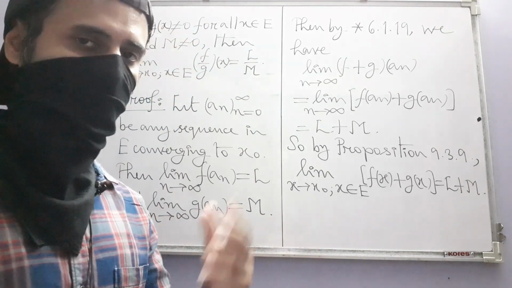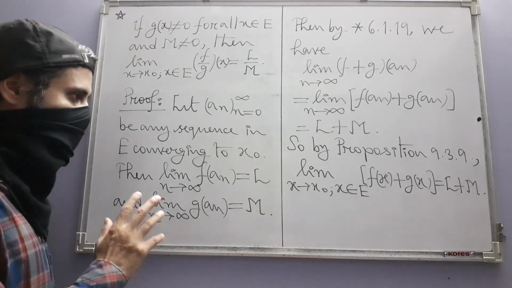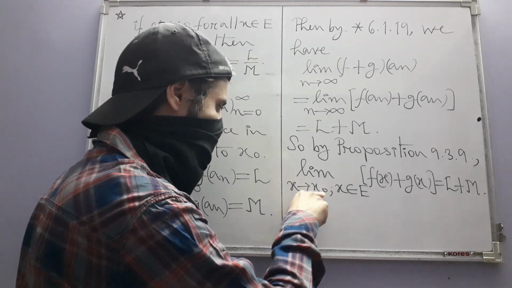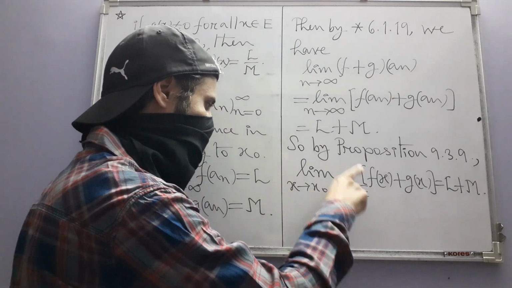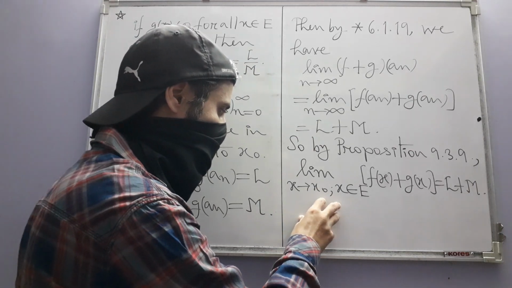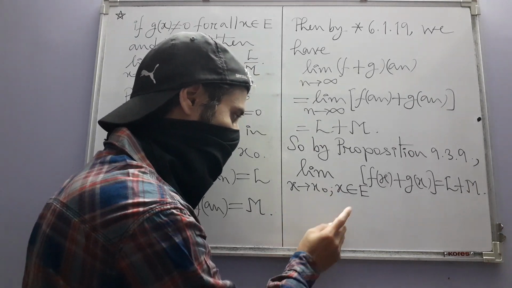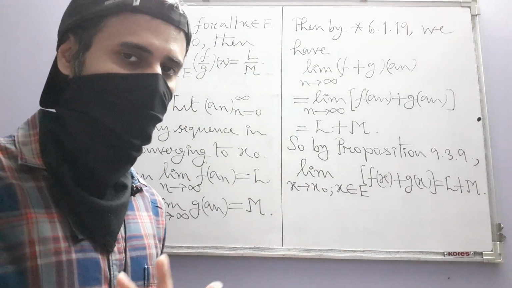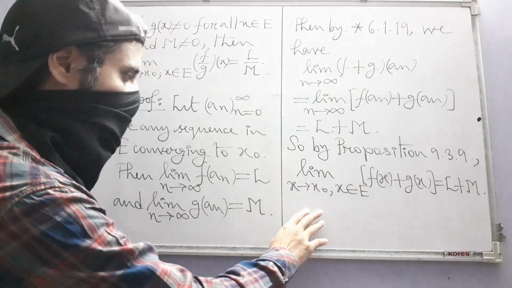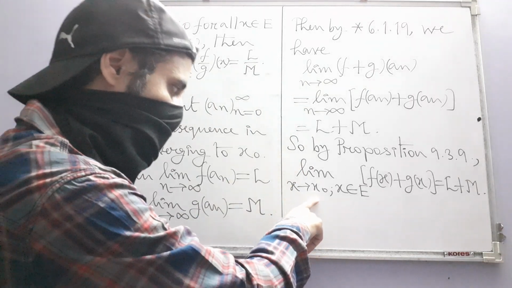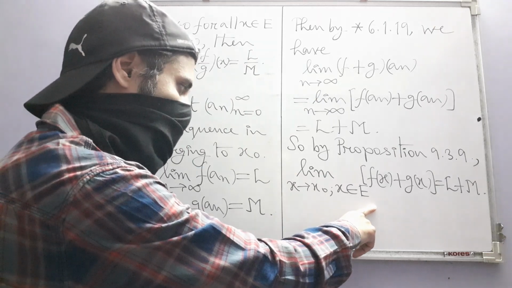In that proof you will see that since x naught is an adherent point of E, we recalled a previous result for the existence of a sequence in E that converges to x naught, and then we did whatever we did there. So such a sequence exists because x naught is an adherent point of E.